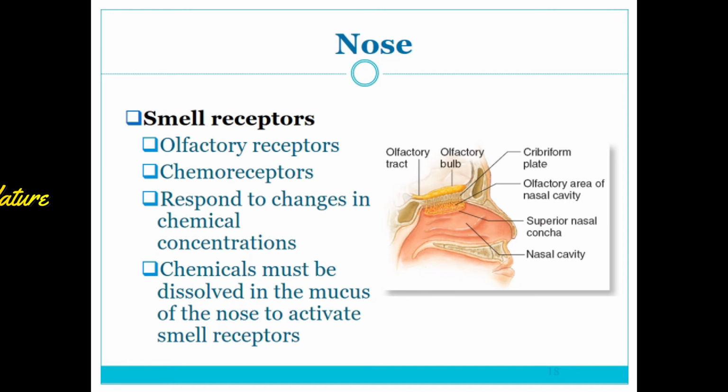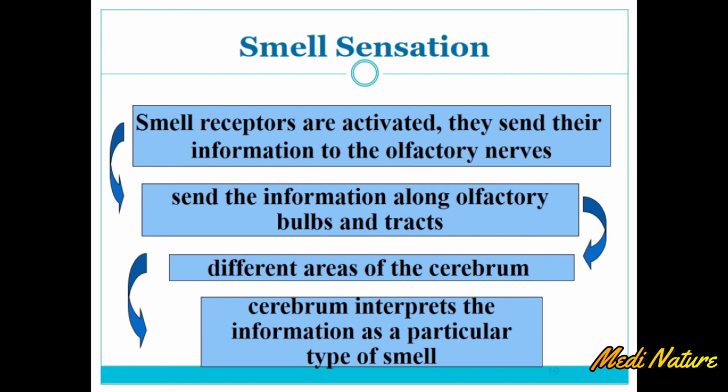In this picture you can see that smell receptors or olfactory receptors are located in the roof of the nose. Let's see about the smell sensation. The smell receptors which are in the roof of the nose first become activated by the chemical changes in the mucus. Then this information is sent to the olfactory nerve.